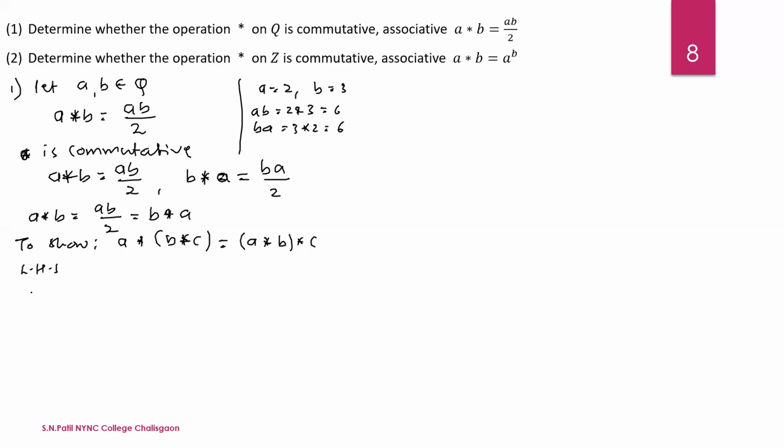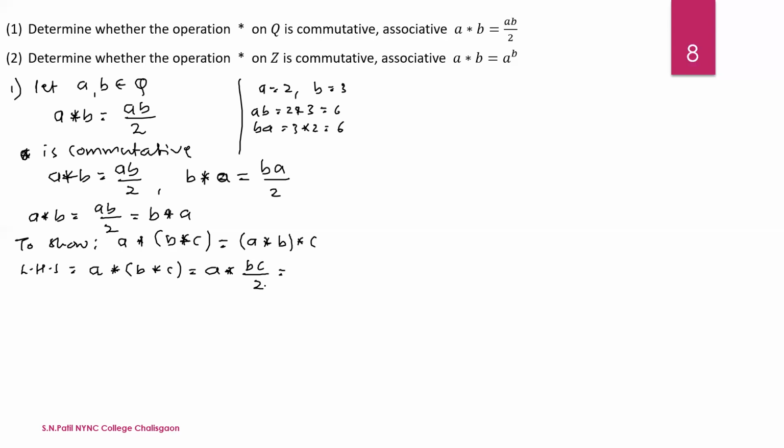The LHS is A star (B star C), which is equal to A star, by definition, B star C is equal to B into C. See here, A star B means A into B divided by 2, so B star C is B into C divided by 2.